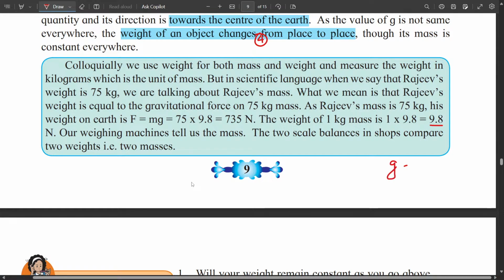But on other planets, or on the moon, or if you go to a height which is more than 1000 kilometers, then weight will not be the same, weight will change.